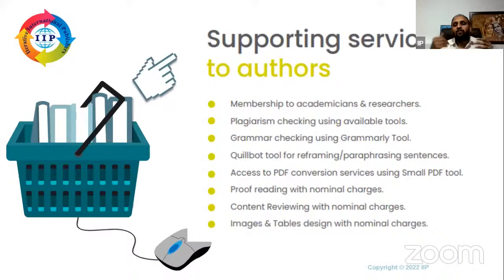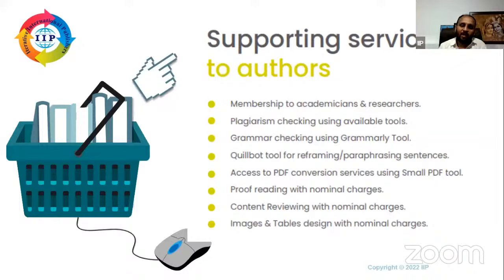One is plagiarism checking. We have our own plagiarism checking tools. You don't need to search anywhere. You can make use of it freely, with no need to pay us. You can mail your document, and we will assure the confidentiality of your document.